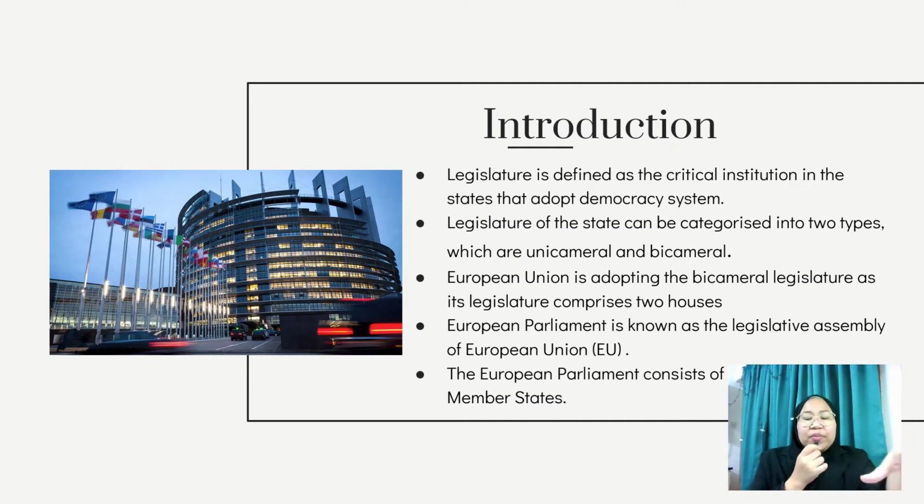The European Union adopts a bicameral legislature as its legislative comprises two houses. The European Parliament is known as the Legislative Assembly of the European Union, and it consists of 705 members from 37 member states.